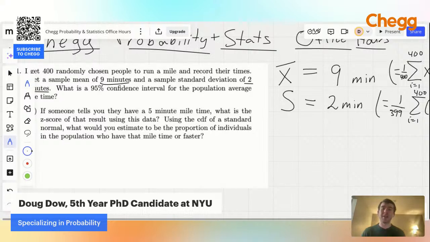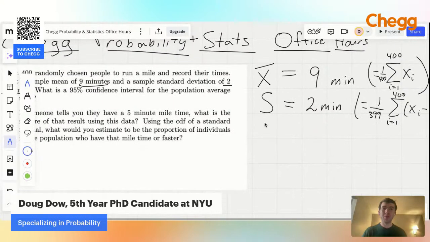So we imagine, if we sample everybody in the entire world, we're going to get some average mile time. What is a likely interval that population average will fall into? That's the confidence interval. And specifically, a 95% confidence interval is the interval where we can, under some assumptions, be about 95% certain that the population mean will fall into this interval.